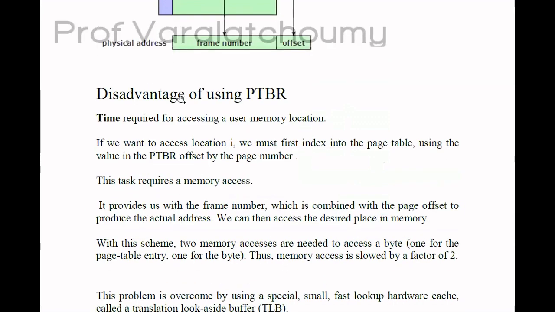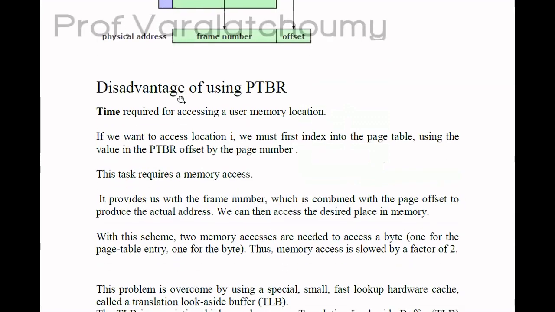Though this sounds quite convenient for storing and retrieving the page table, one of the major disadvantages of using the PTBR is that we have to access the physical memory in order to retrieve the page table itself.